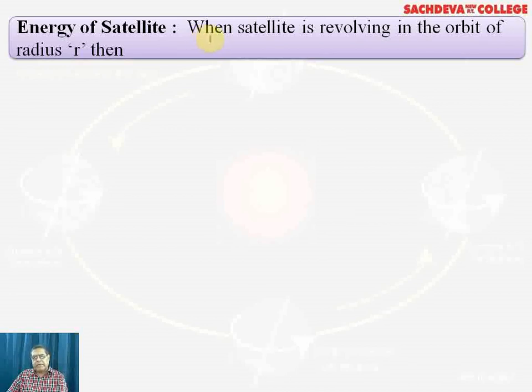When we calculate the total energy of the satellite, that is the energy with which this satellite is bound to the center of Earth. So if we provide energy to the satellite which is very close to the binding energy, then the satellite will escape from the gravitational pull of the Earth. This concept, which I have just spoken about, will be used later on.